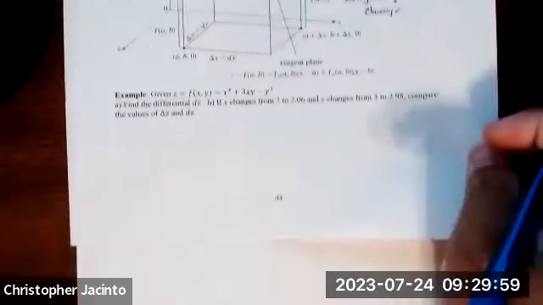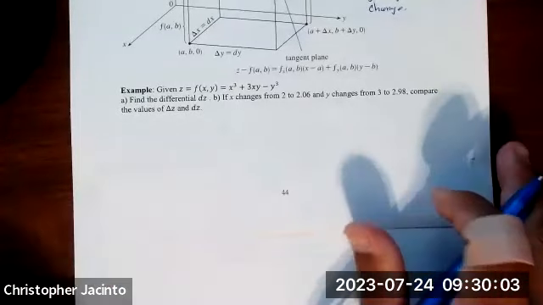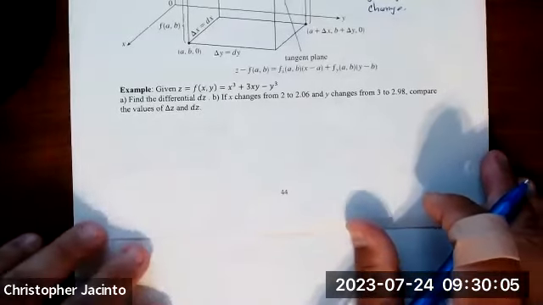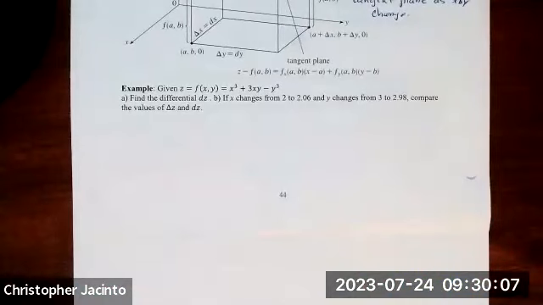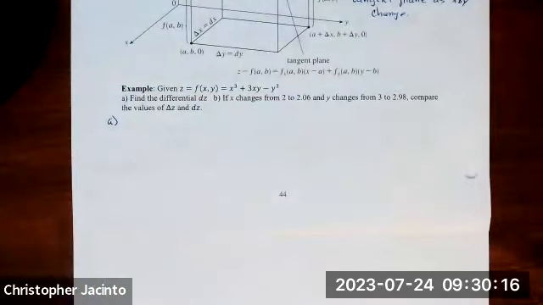So let's try an example out so you can see what this process is going to look like with some numbers instead of the theoretical. All right, so given z is equal to x to the third plus 3xy minus y to the third, A, find the differential dz, and then B, if x changes from 2 to 2.6 and y changes from 3 to 2.98, compare the values of delta z and dz.